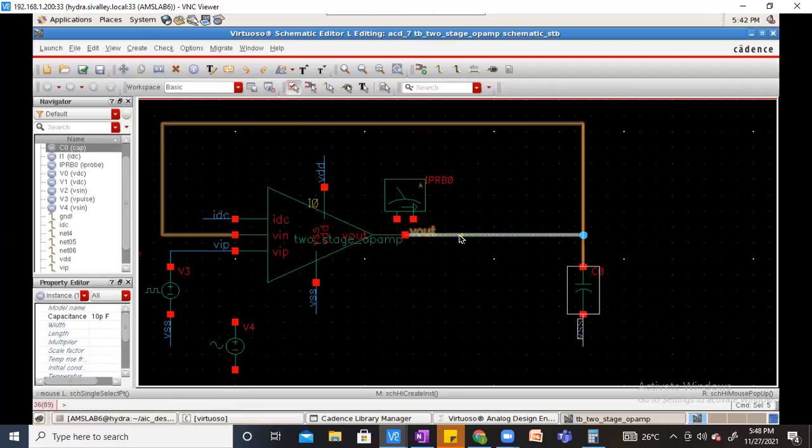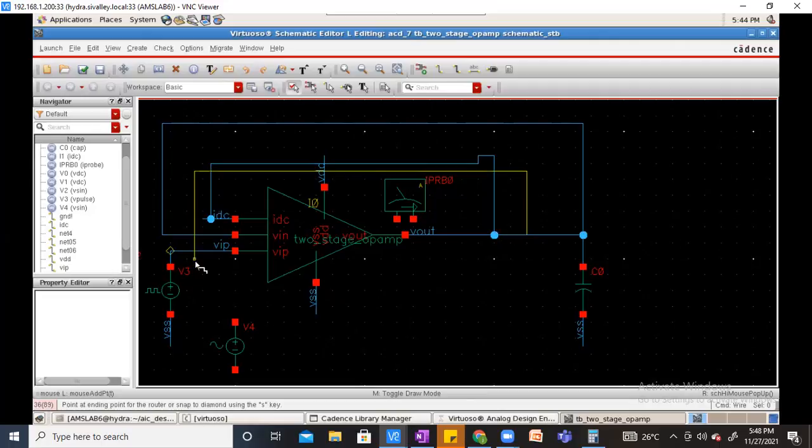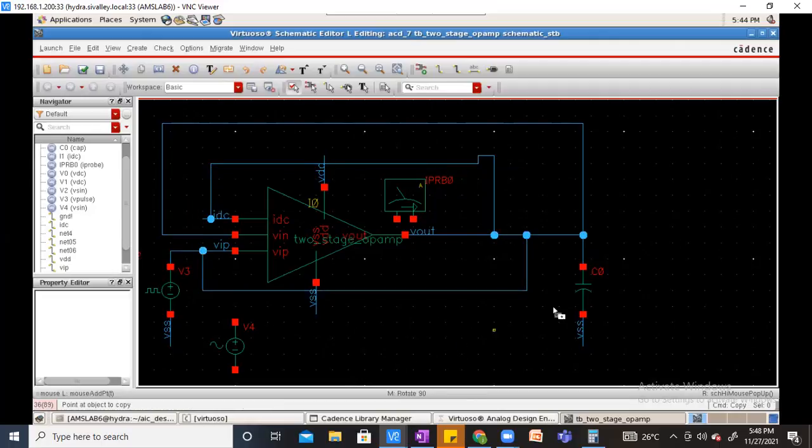Let's say there is one more loop from here to here. Let me connect it. Let's say one more is here like this. Okay, I have one more from here to here, here to here. There are multiple loops basically.